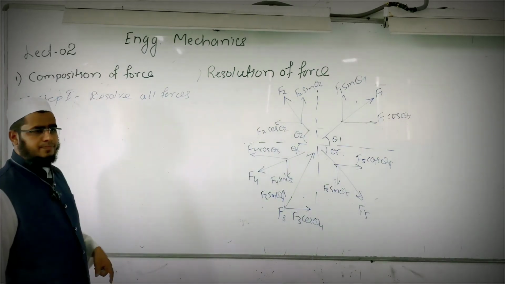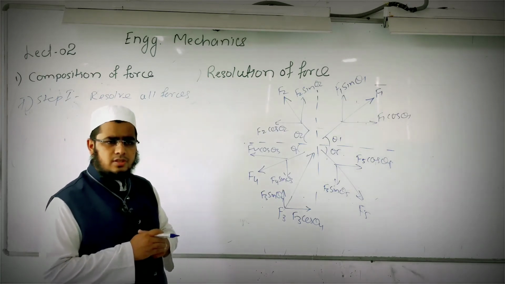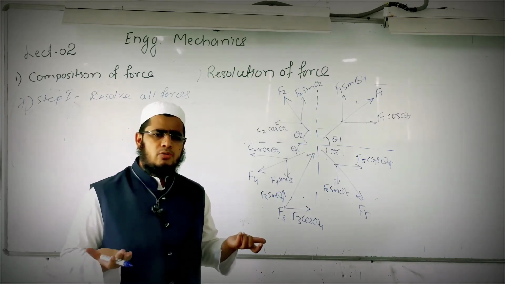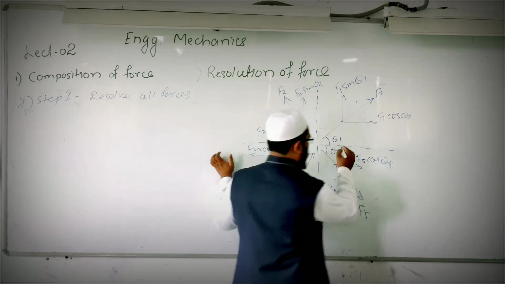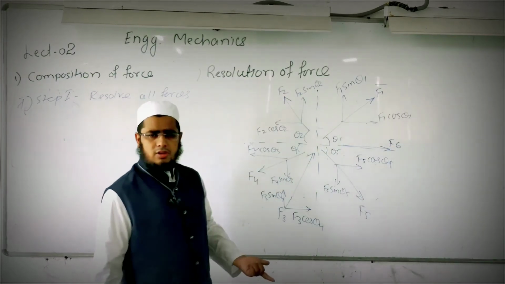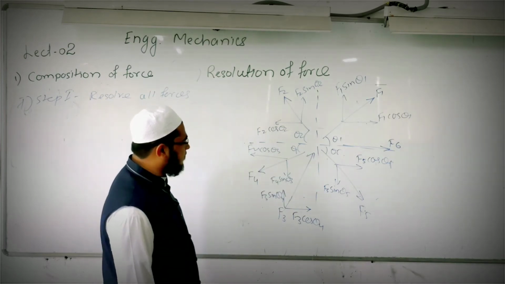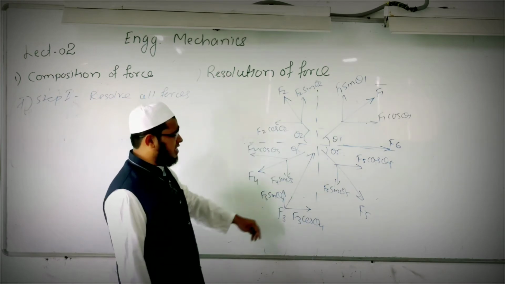It is the first step. In the first step we will resolve all the inclined forces. The force system may have a horizontal force, for example, a force F6 acting like this. We will not resolve it because it is itself horizontal. Now assume that these five forces are acting.